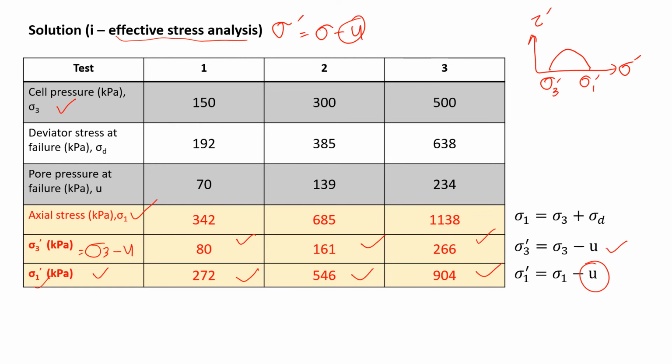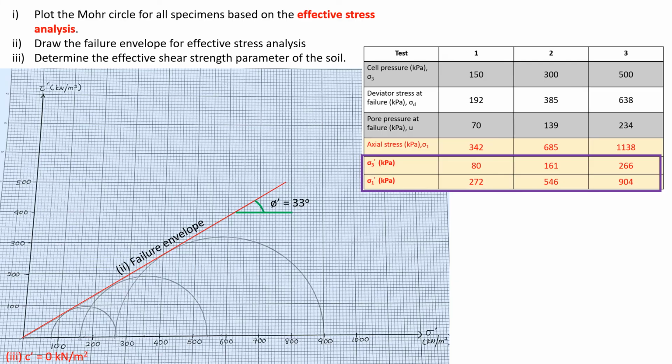Once you have sigma 3 prime and sigma 1 prime, you can plot the values. In order to plot the Mohr circle for this effective stress analysis, you must use sigma 3 prime and sigma 1 prime. This is how it looks.